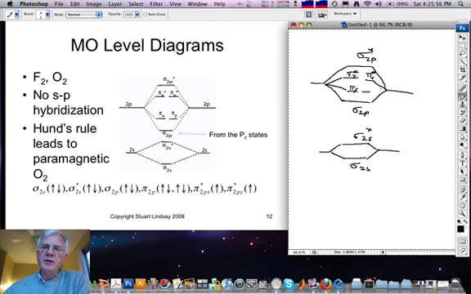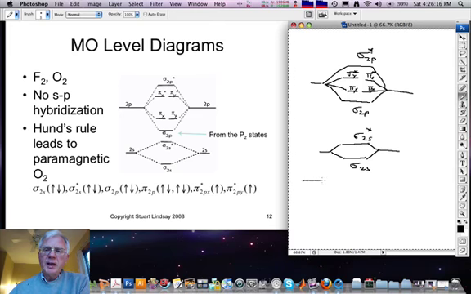Remember, these are lying in two orthogonal directions by degenerate energy levels. So, this is how we expect the simplest energy level scheme to be in the case of a simple diatomic molecule, once again with no sp hybridization.